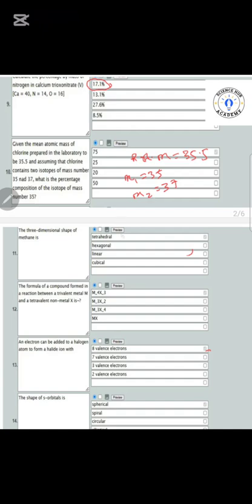So if you pick M1 α1 plus M2 α2 to be equal to the relative atomic mass, which is 35.5, so here mathematically we'll be having 35 multiplied by, let's assume this is X%, and so that is going to be X over 100, right? So that's X% then plus, that will be 37.